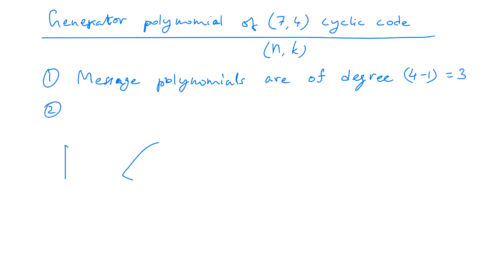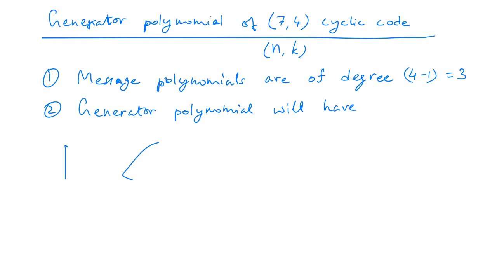And then next we need to understand the generator polynomial. For 4 bits of message, we are going to add 3 parity bits. So for 3 parity bits, we need to have a generator polynomial. That is a property that we're talking about.